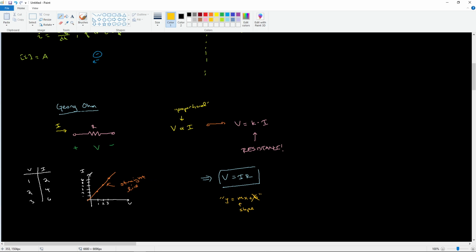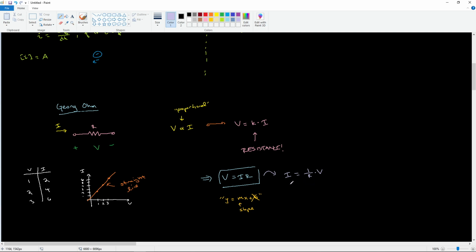Now, this isn't necessarily what we have here. We have I versus V, but that's okay. We can rearrange this. Let's use the purple, using all these different colors today. So if I rearrange this, I can divide by R on the other side. So I is equal to 1 over R times V, right? Where I would have to just divide R to the other side.